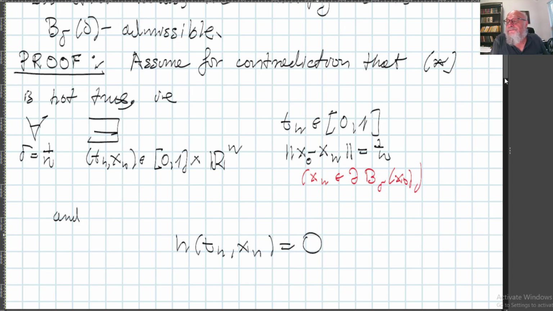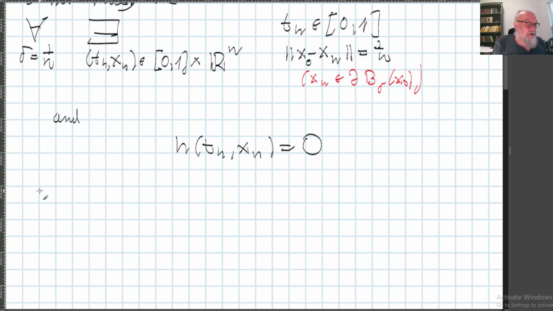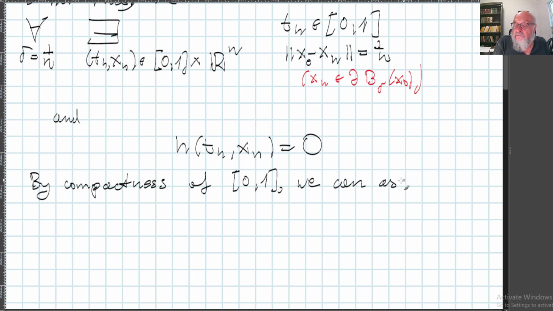So notice, because by compactness of [0,1], just simply by passing to a subsequence, we can assume without loss of generality that this tn is actually convergent.